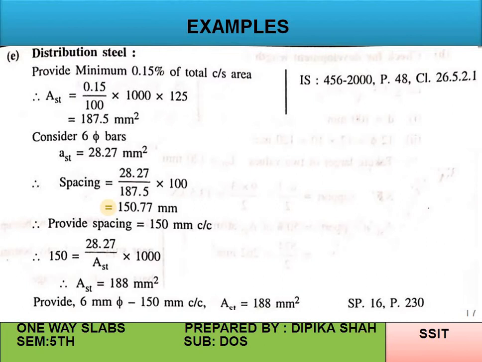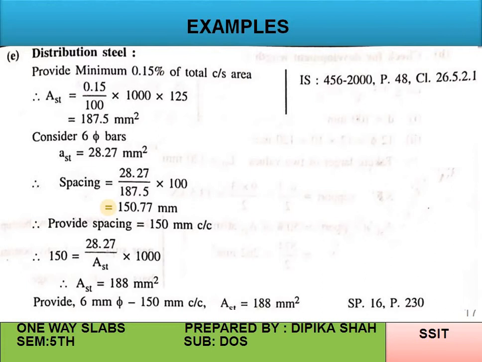Here our Fe grade of the steel is given 250. So as per IS 456 2000, page number 48, clause number 26.5.2.1, we will provide a minimum steel criteria, that is 0.15 percentage of total cross section area, right?